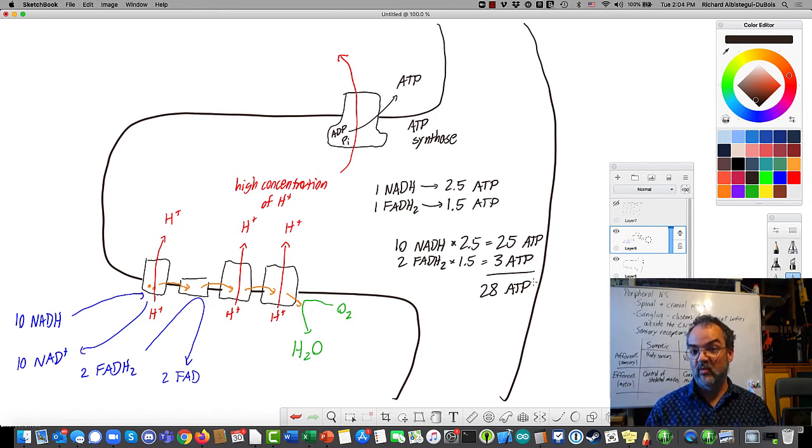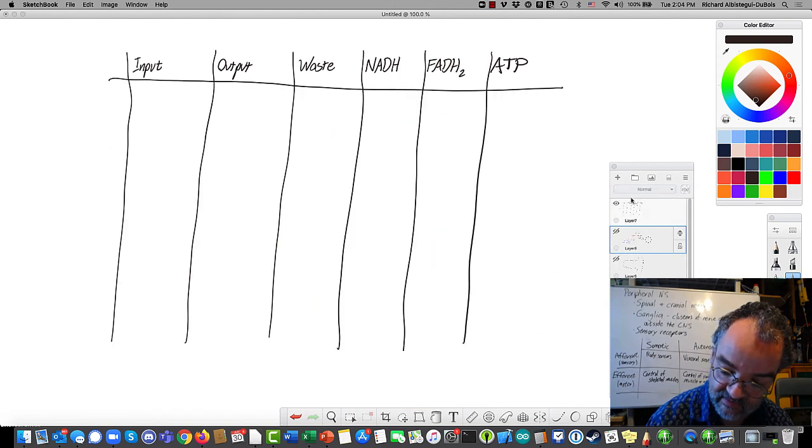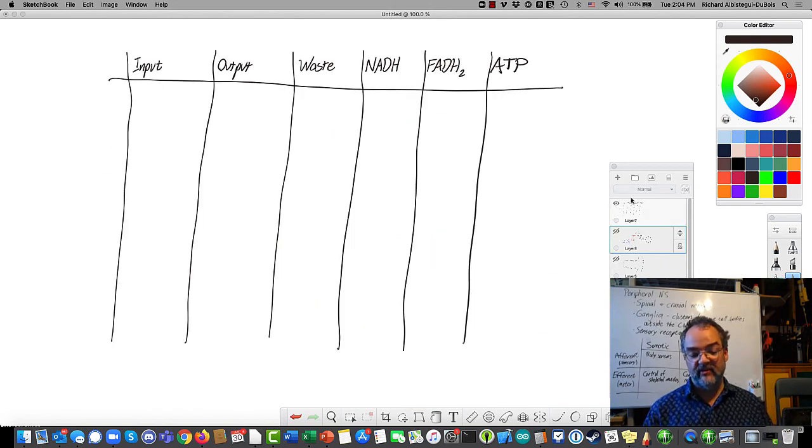All right, now let's put all of this together and make a summary chart of all of the steps, what goes in, what goes out, and what we get from them. So here's our chart. For each step, we're going to look at what goes into it, what useful things come out, that's the output, what not useful things come out, that's the waste, things we can't use to get more energy. And then how much NADH we make or use up, how much FADH2 we make or use up, and how much ATP we get.